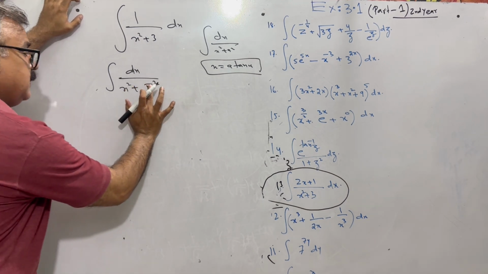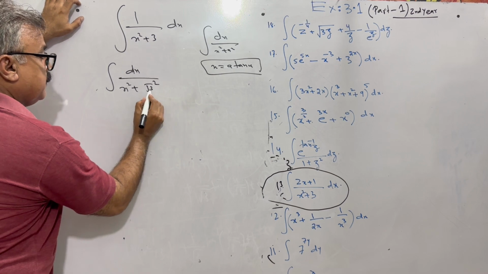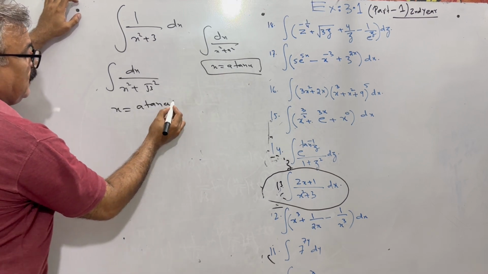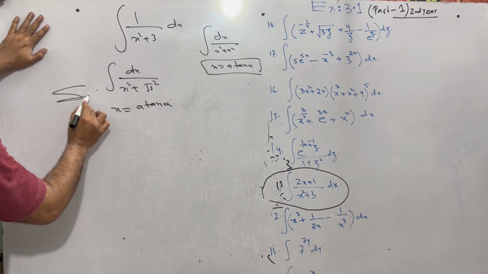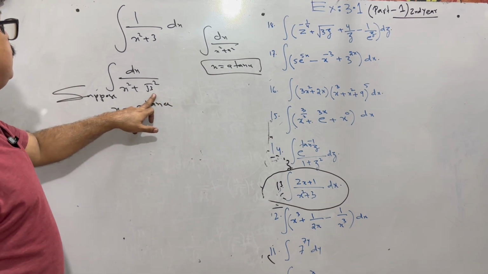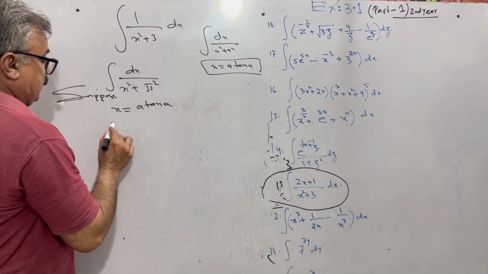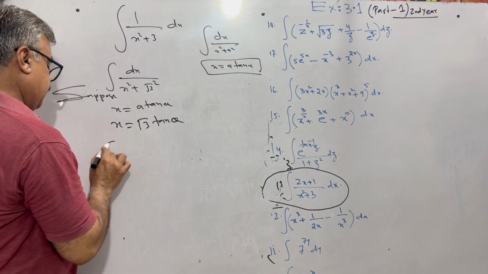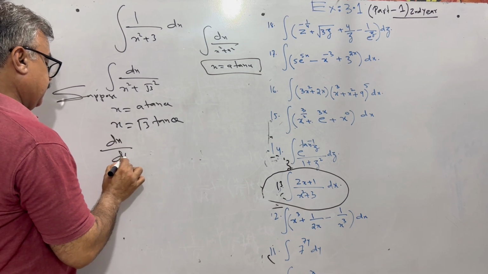Take the magic supposition that was mentioned: x is equal to a tan theta. The value of a in our case is root 3. So x is equal to root 3 tan theta. Differentiate dx over d theta.